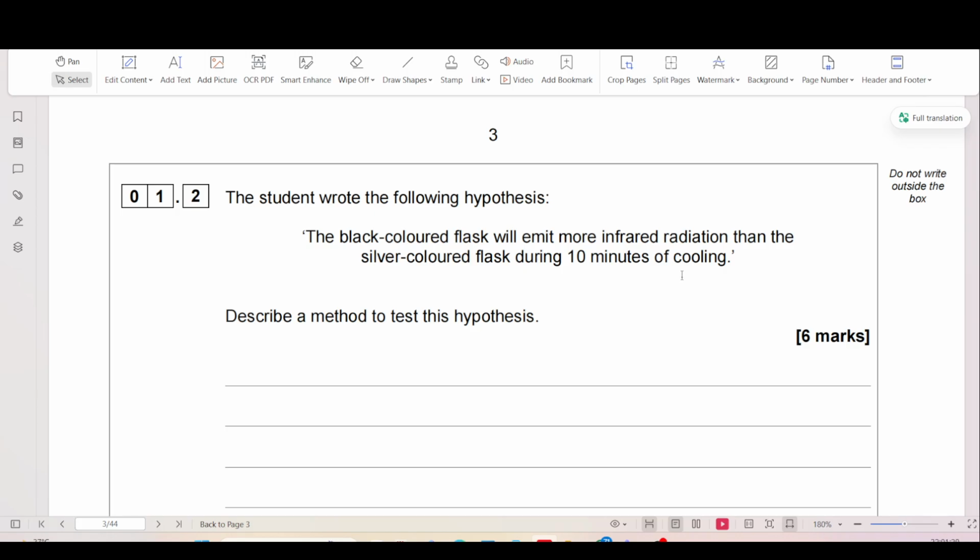And after 10 minutes we record the final temperature of water in each flask. And then we calculate the temperature change for both. The flask with the greater temperature drop has emitted more infrared radiation.